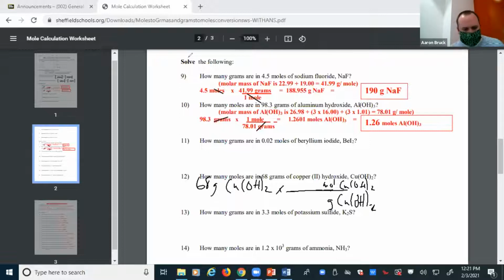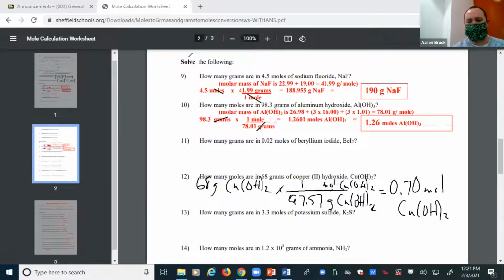We get a total mass of 97.57 grams in 1 mole. 68 divided by 97.57, to two significant figures again, is 0.70 moles of copper(II) hydroxide.